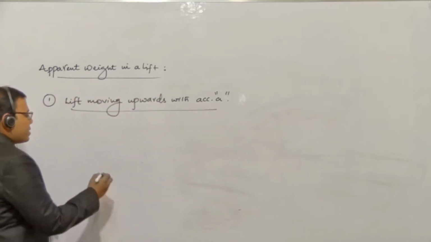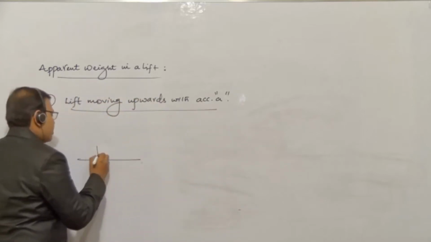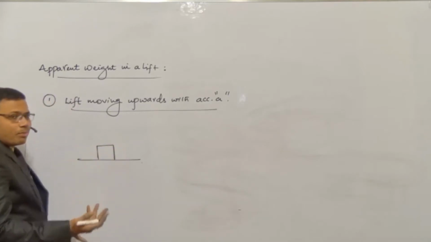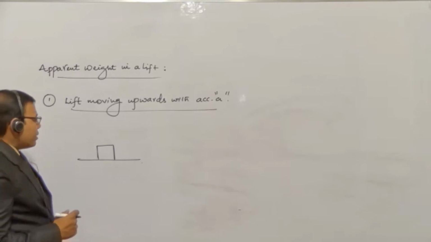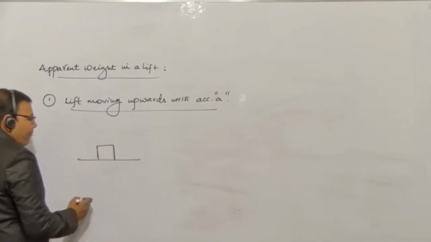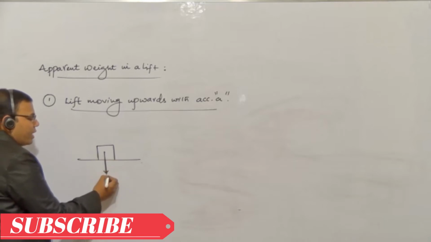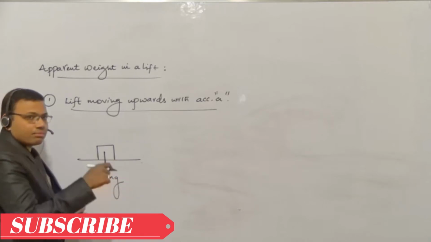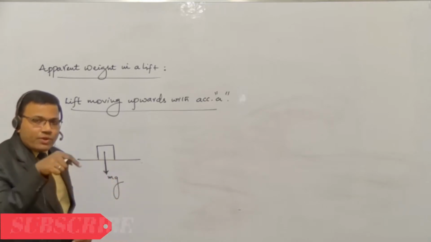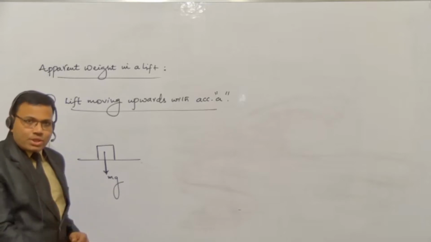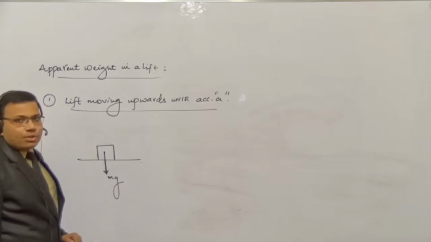Suppose this is the block whose weight we are calculating, or a person whose weight we are calculating. Now, suppose the lift is moving upward. The actual weight always acts towards the ground, that is mg.